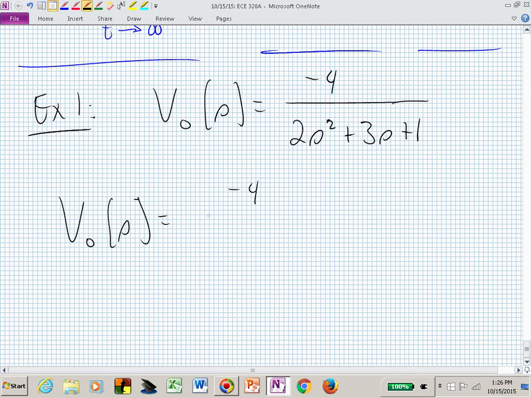Now, instead of factoring that denominator, I'm going to just factor out the leading coefficient and make it monic. I'm going to factor out the 2, and now I have s squared plus 3/2 s plus 1/2. Is everybody comfortable with that?